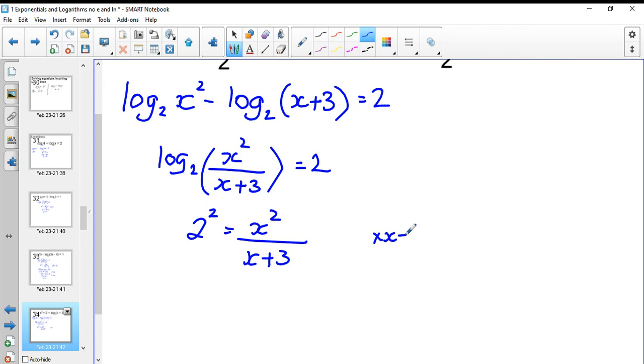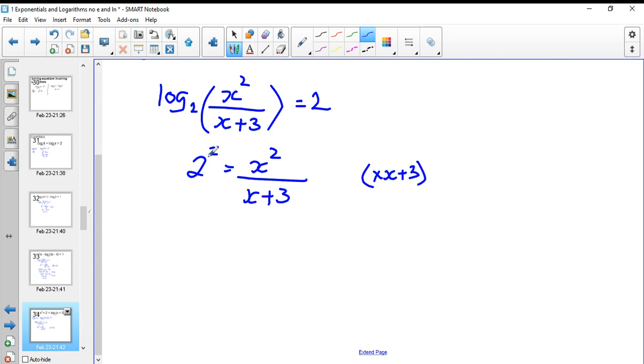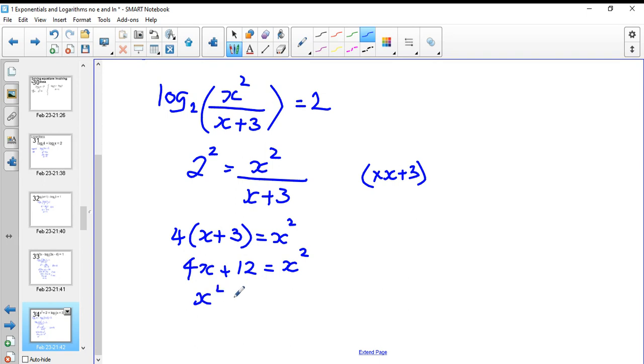Let's times by x plus 3 to get that off the bottom. That's 4, so we've got 4 lots of x plus 3 equals x squared. Now this is a quadratic, so let's make it look like a normal quadratic. Expand the brackets, and then we're going to just move everything over, take the 4x off, take the 12 off, put it equal to 0, and then we can factorise.